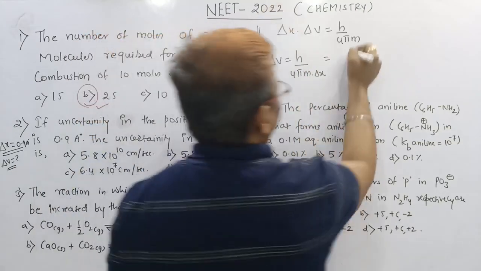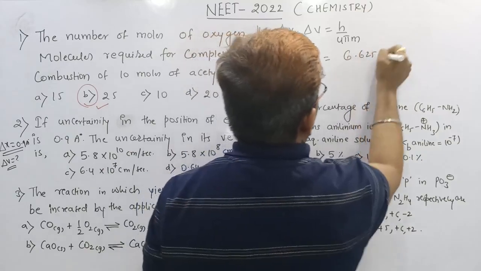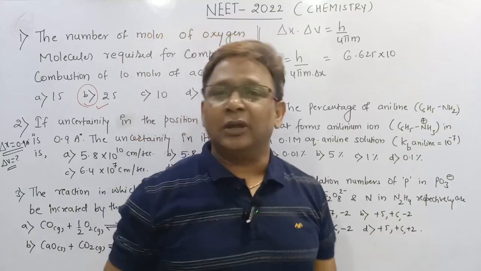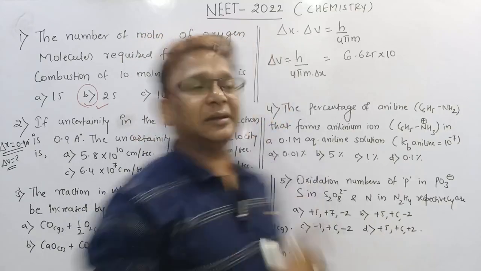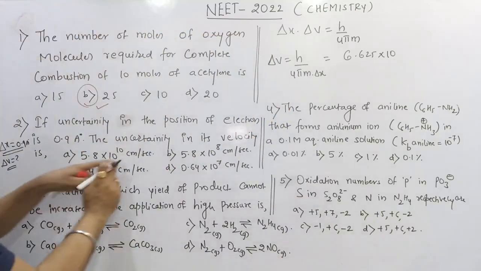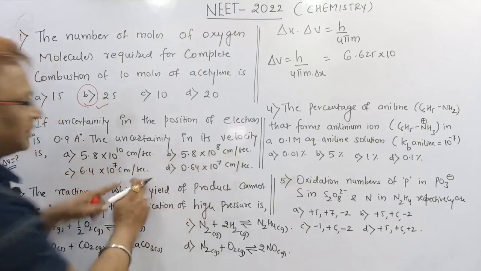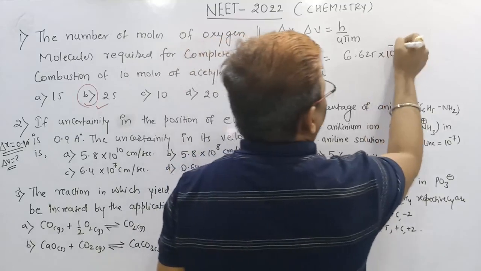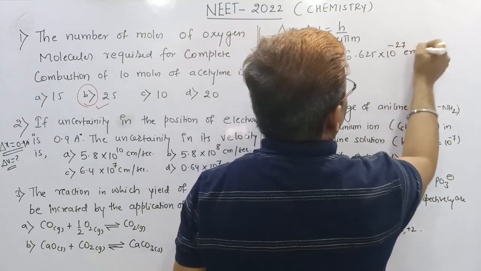Value of Planck's constant you have to take 6.625 into 10 to the power of minus 34 joule second, or 10 to the power of minus 27 erg second. Now listen here, they have given the unit as centimeter, so better to take 10 to the power of minus 27 erg second.